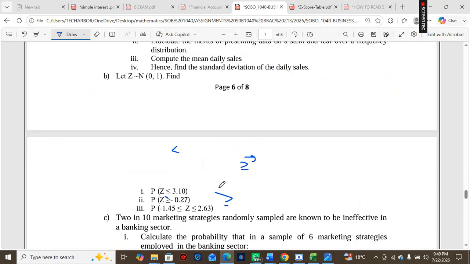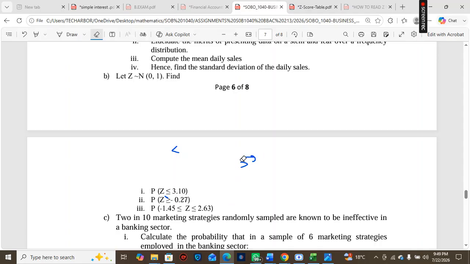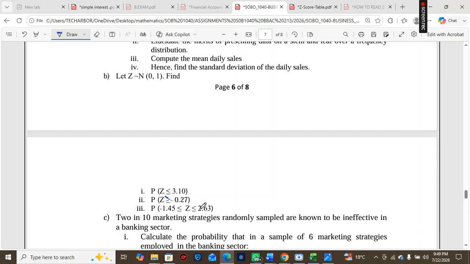All right, colleagues. If you see a situation like this, where your Z is between two values, this is what you should do: get the area to the left of both values and subtract them.